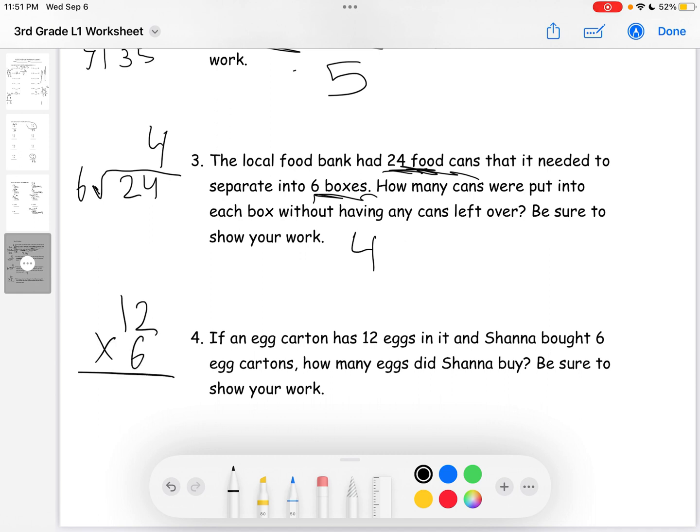First, you want to do the 6 and the 2. So 6 times 2 equals 12. So you want to put the 2 down here, but the 1 you want to put on top of this number. And then after, you want to do 6 times 1, which equals 6, plus the 1 on top right here, which will equal 7. So the answer would be 72 eggs. Thank you for watching.